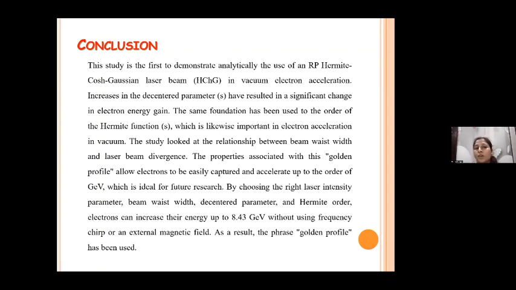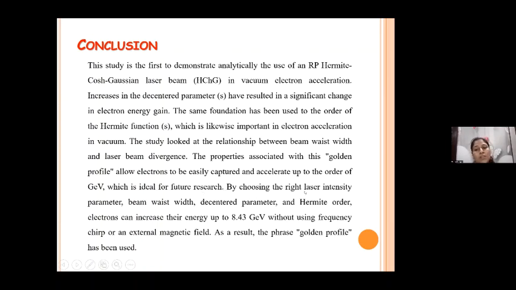So from this overall paper presentation, we can conclude that this profile, the Hermite cosh Gaussian profile, is also called a golden profile, because it has the property of self-focusing, which allows the electrons to be easily captured, and acceleration is done up to the order of GeV, which is highly crucial and ideal for future research.